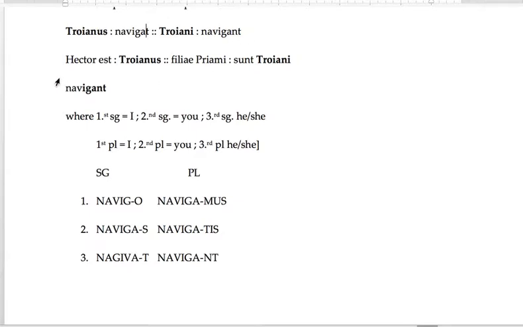A second way of doing this is this paradigm. Hector est Trojanus. Hector is a Trojan. And then the comparison is filiae Priami sunt Trojani. That is to say, the meaning is the same.